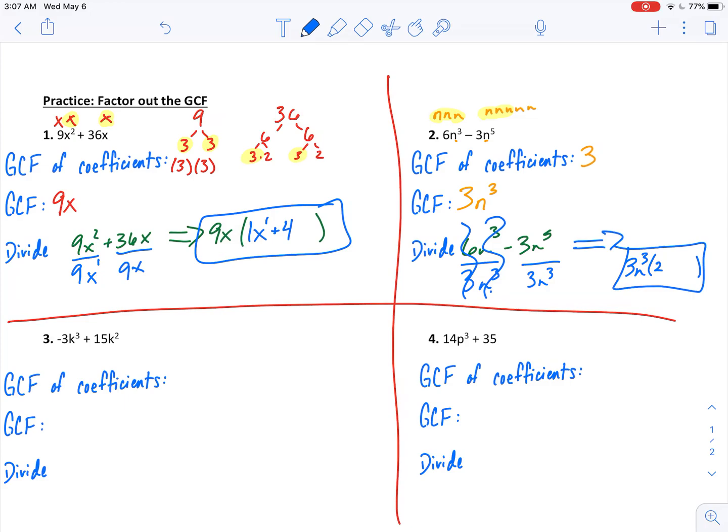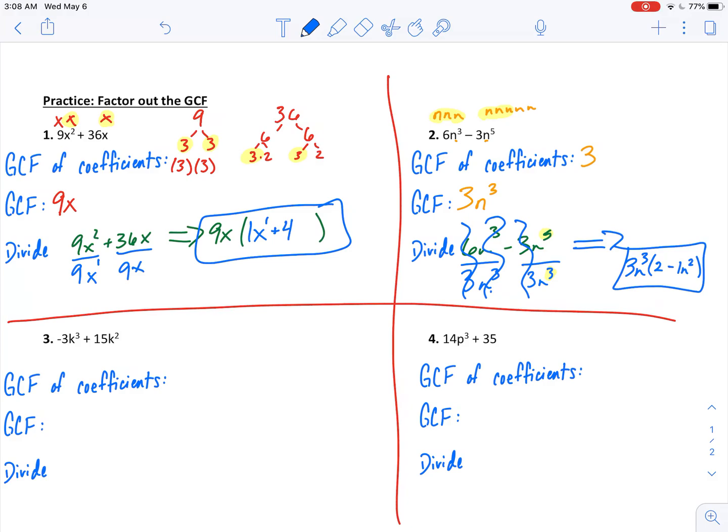Now I've got a negative 3 divided by 3. Well, 3 divided by 3 is 1, and a negative divided by a positive is a negative, so that's a negative 1. Now I've got n to the 5th over n cubed, and we'll just subtract these exponents to get n squared. So that's my final answer.